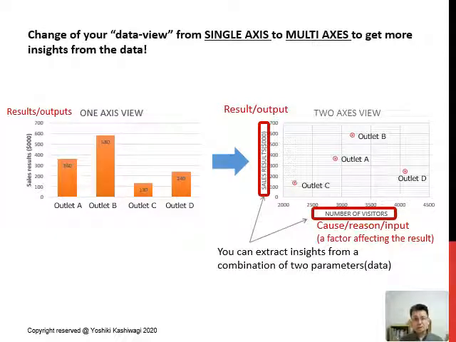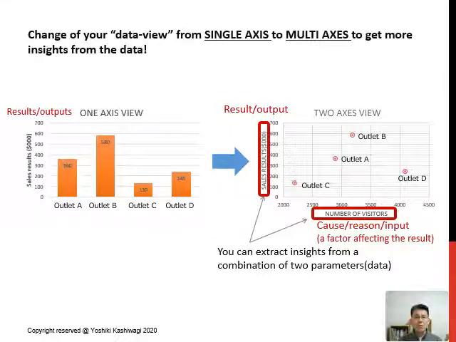With this approach, with one axis, you can find only the result, in this case, the sales result. But you never know what makes this result. In other words, what are the causes of this result?